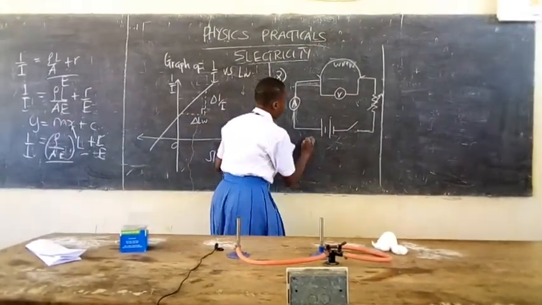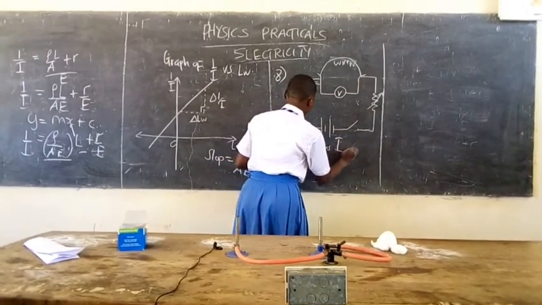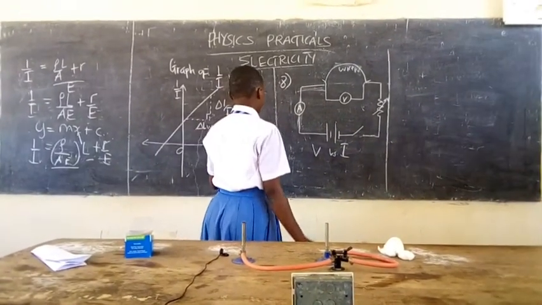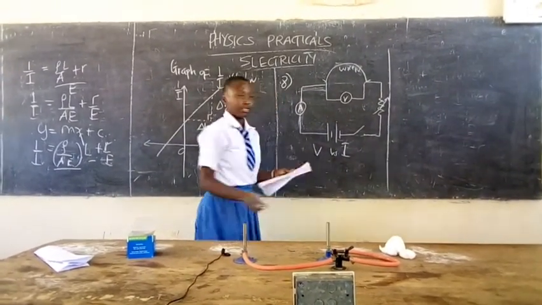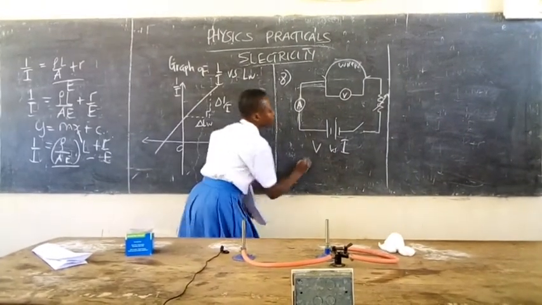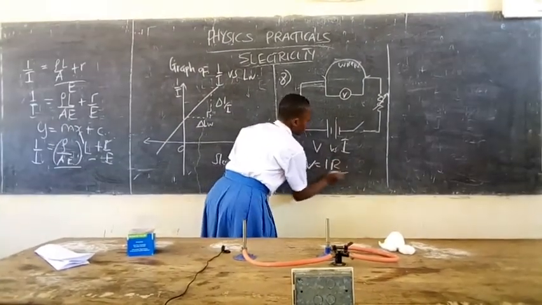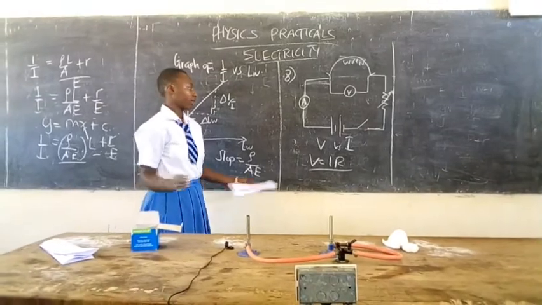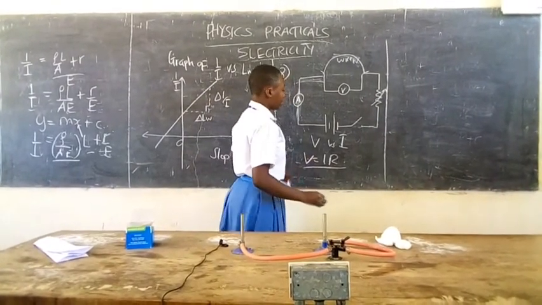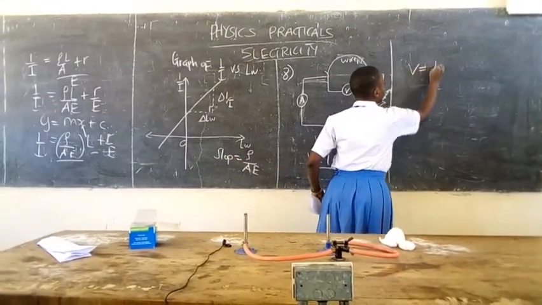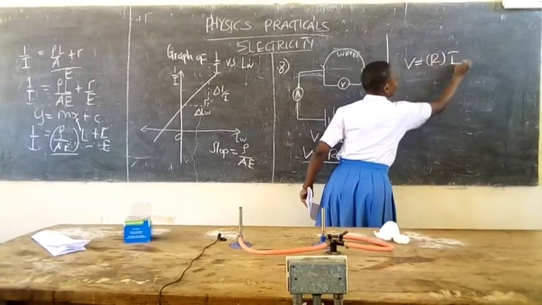Drawing a graph of V versus I. This one here is general. You can get it from E equals I R, that is Ohm's law. So from here, arranging it to be V equals R times I.